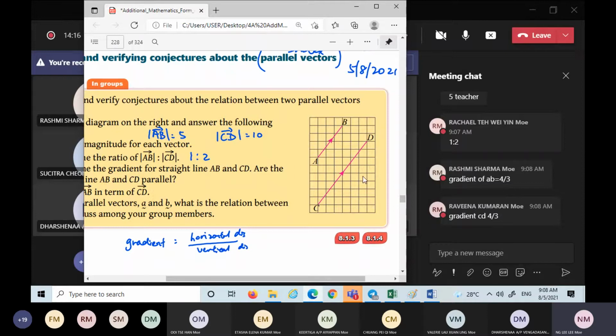Okay, 4 over 3, correct? Ravina also says it is 4 over 3, because it's 8 over 6, so simplified it is also 4 over 3. So both gradients are 4 over 3 and 4 over 3. Okay, so they are parallel.